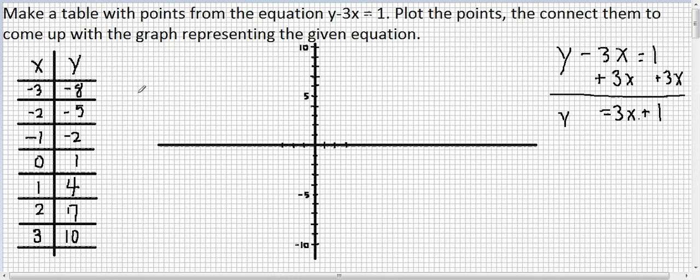So now we have 7 pairs of x and y values that we can use to plot on this coordinate plane. The first point is (minus 3, minus 8). The next point is (minus 2, minus 5).